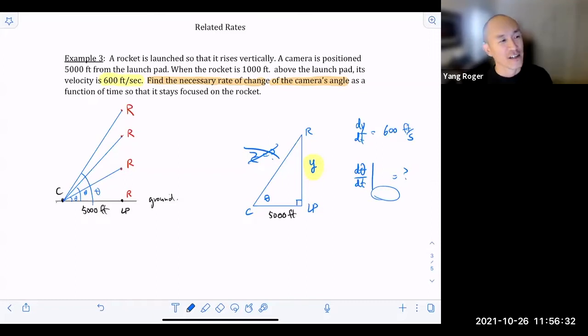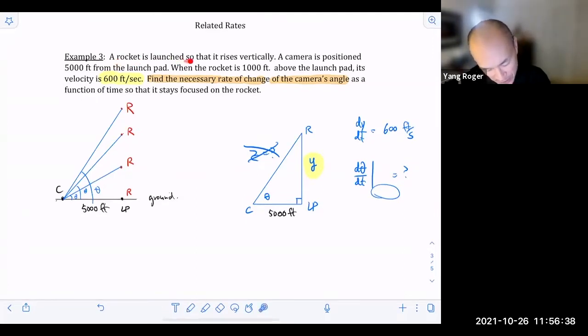You're not sure. When you're not sure, you've got to reread the whole question. A rocket is launched, so it rises vertically. Okay, I get that. Rocket's going up vertically. That's why this is a variable. A camera is positioned 5,000 feet from the launch pad. Okay, this side of the triangle is constant. It's 5,000.